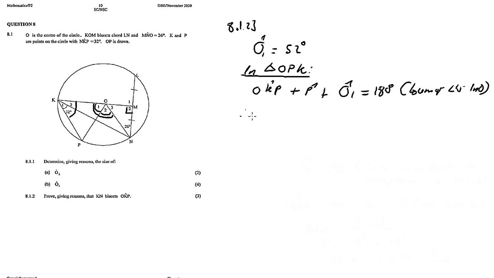So now, simplifying further, it is OKP plus P plus 52 degrees is equal to 180 degrees.